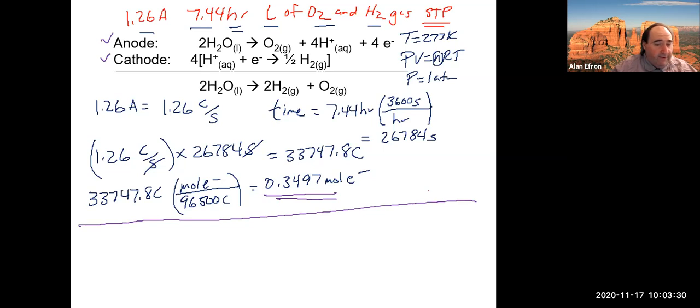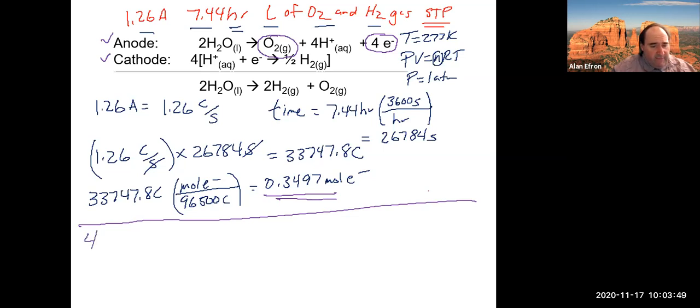So if we look, for example, for oxygen, we can see from the half reaction that for every 4 moles of electrons, we get 1 mole of O2 gas. Just like stoichiometry, we can use that relationship.